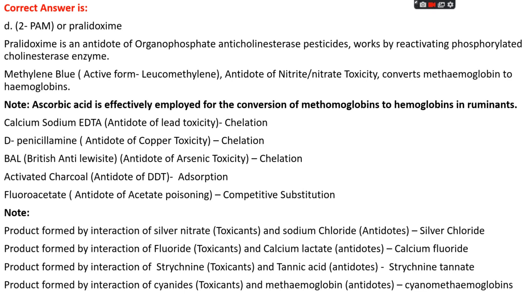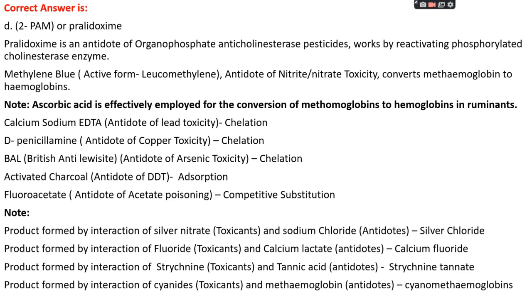Calcium sodium EDTA, the antidote of lead toxicity, works by chelation. D-penicillamine, the antidote of copper toxicity, also works by chelation. Similarly, BAL, British anti-lewisite, the antidote of arsenic toxicity, also chelates the toxic substance.